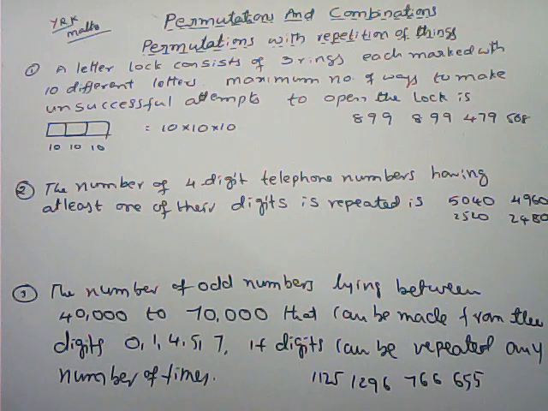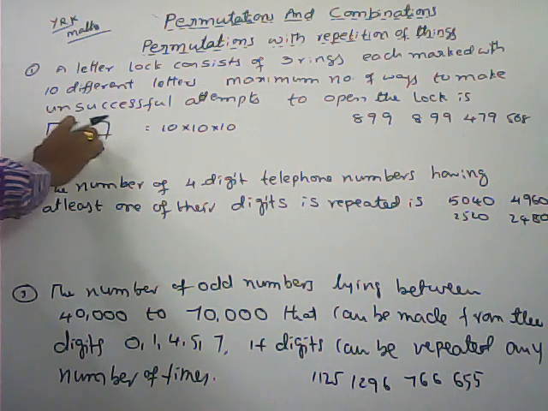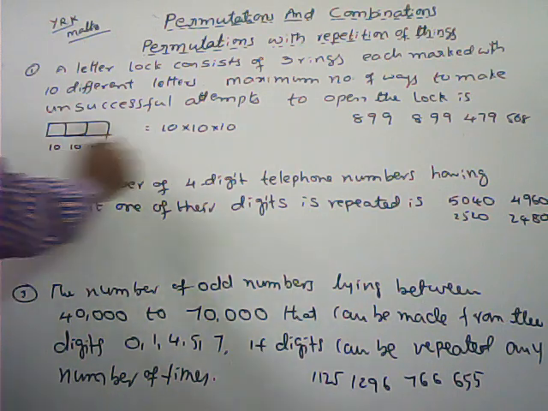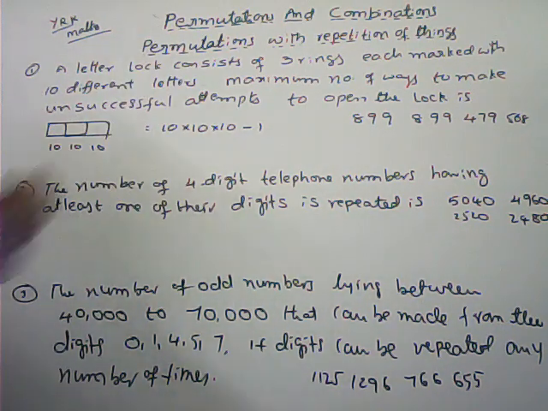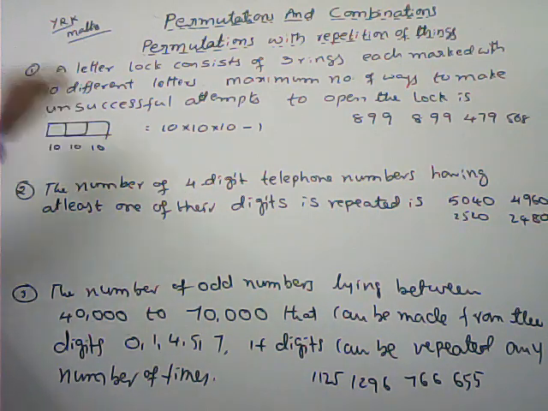In that, only one is matching, and the lock opens only for that one. A letter lock consists of 3 rings, and we can unlock it with only one successful attempt. So I subtract the 1. Here 10 are there, here 10, here also 10.